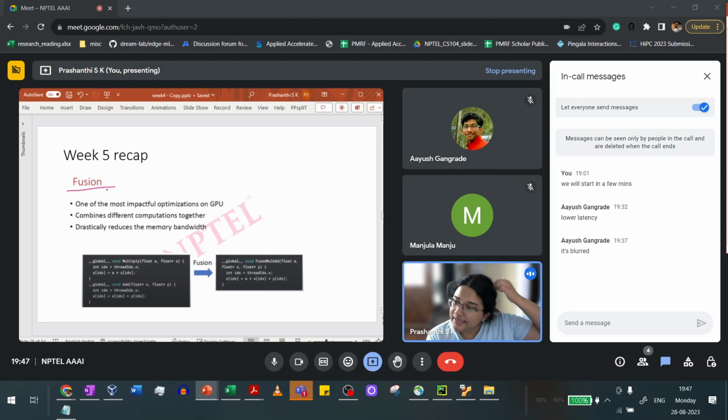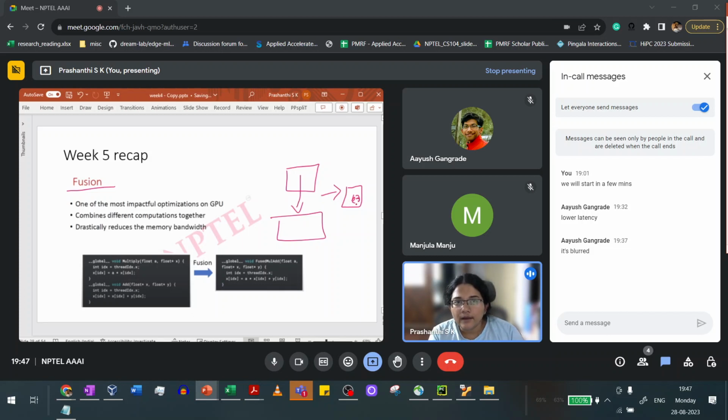Even if you've studied CUDA, you will see a lot of mention of kernel fusion. The way you write kernels itself can have a huge performance impact. If I write kernel 1 and kernel 2 in CUDA, instead, if I could write them as kernel 3, one single kernel, many times I would see a performance benefit.